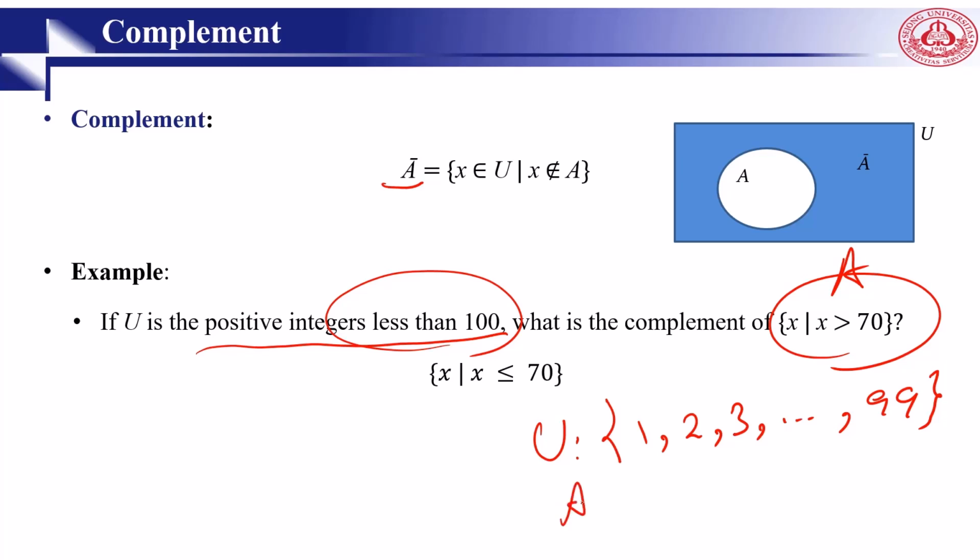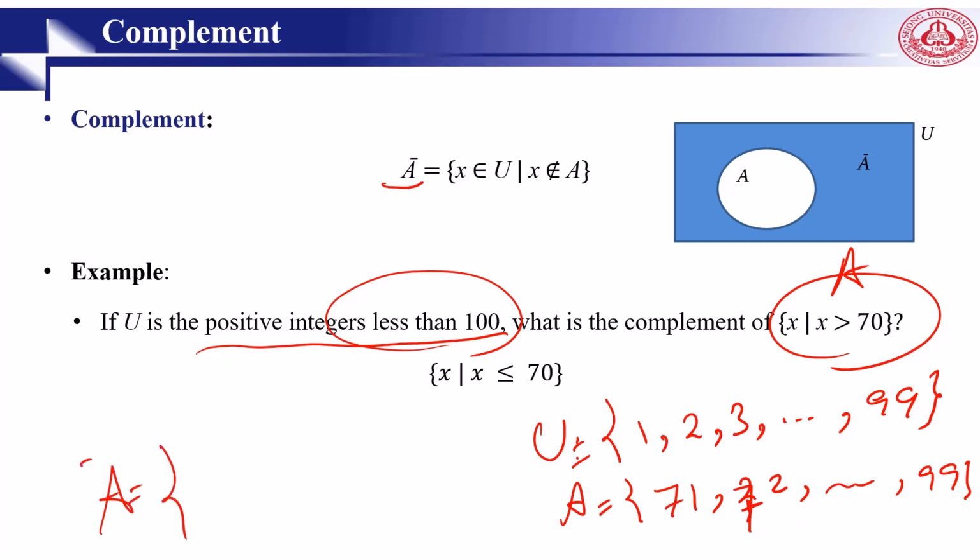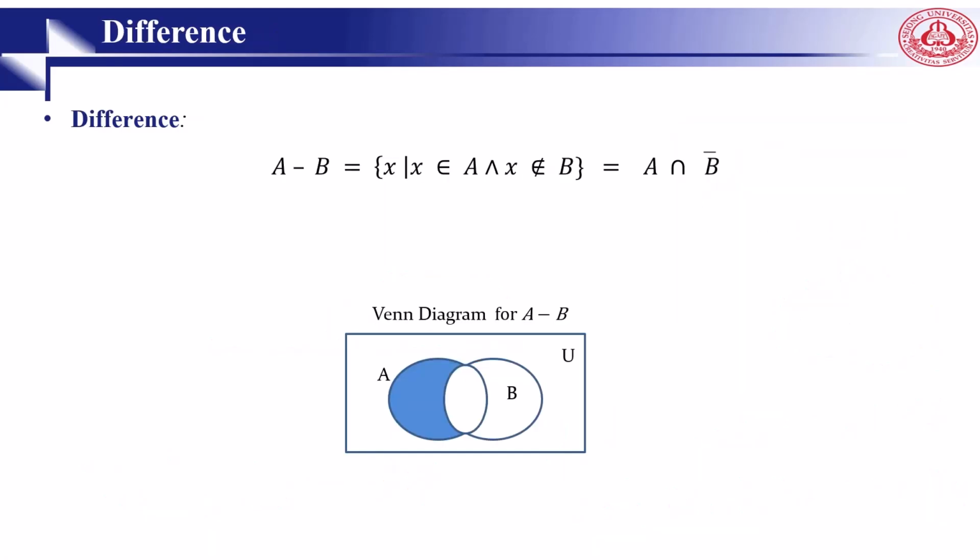A is 71, 72, up to 99. Then the complement of A equals the universal set minus A, which is 1, 2, 3, up to 70. Very easy, right?